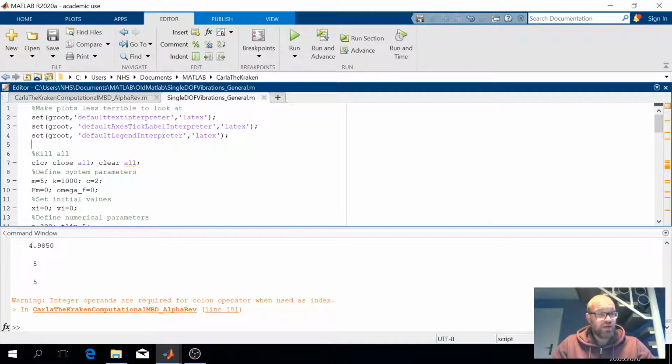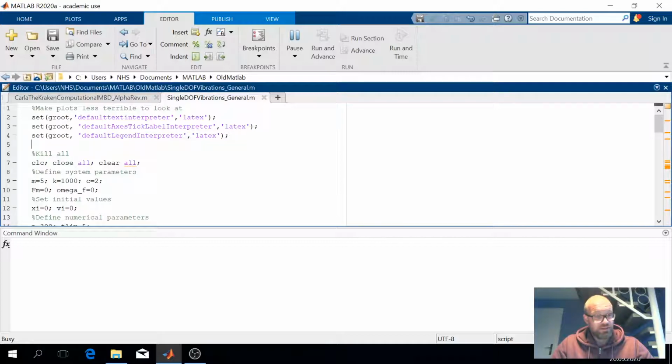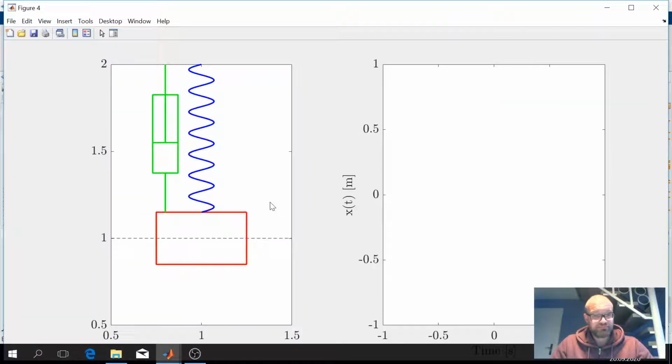But if we now define a mass, a stiffness, and a damping, and have no excitation force and no initial conditions, right? We should just get the static equilibrium, and nothing should be moving, right? That's the case. We can tell here on the vibration position response, the displacement, that nothing is moving at all.